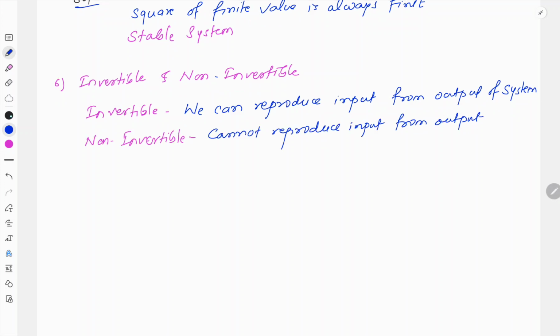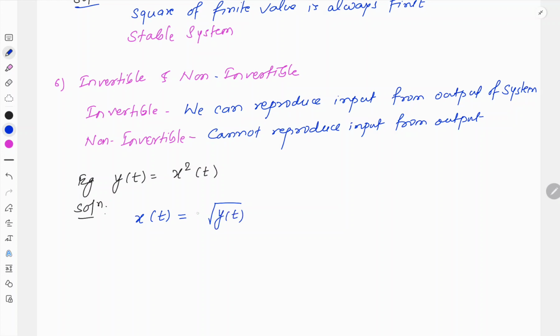So let us see a simple example now. Let's say y of t is equal to x square of t. We need to prove whether the system is invertible or non-invertible. Here we have a square function. So we can write x of t equal to, because we are supposed to produce the input from its output, the square root of y of t, since we have x square.